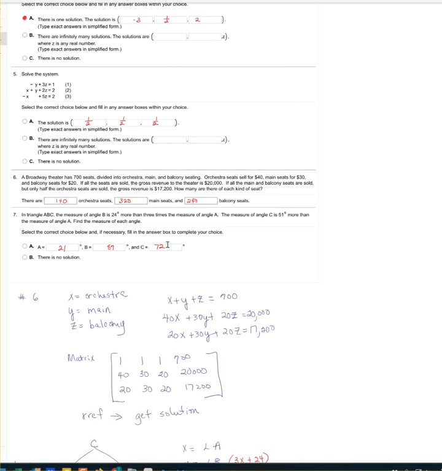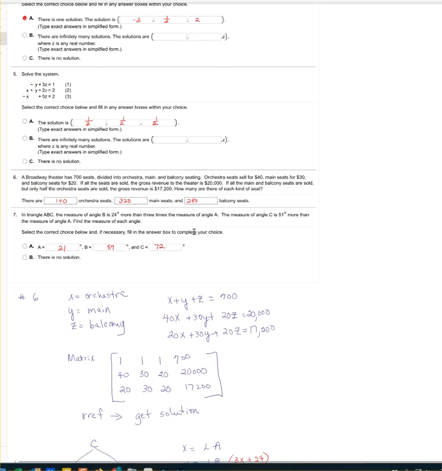Orchestra seats sell for $40, main sells for $30, and balcony sells for $20. If all the seats are sold, the gross revenue to the theater is $20,000. If all the main and balcony seats are sold, but only half the orchestra, the gross revenue is $17,200. How many are there of each kind?